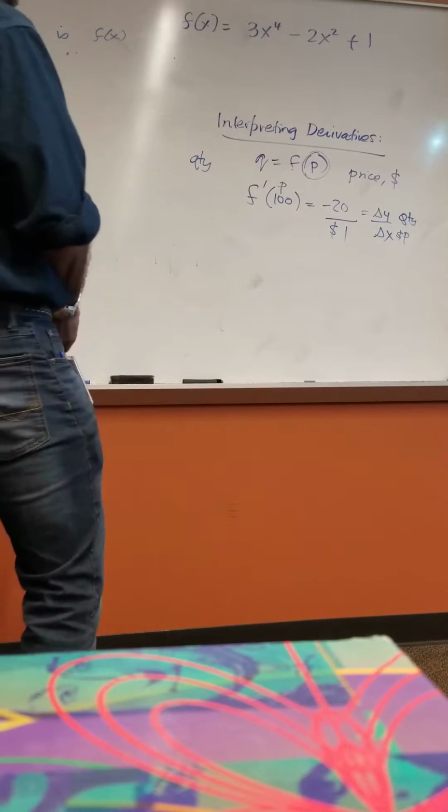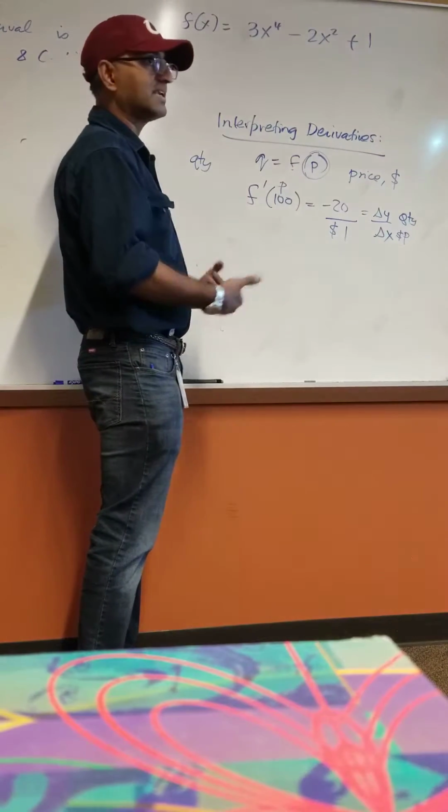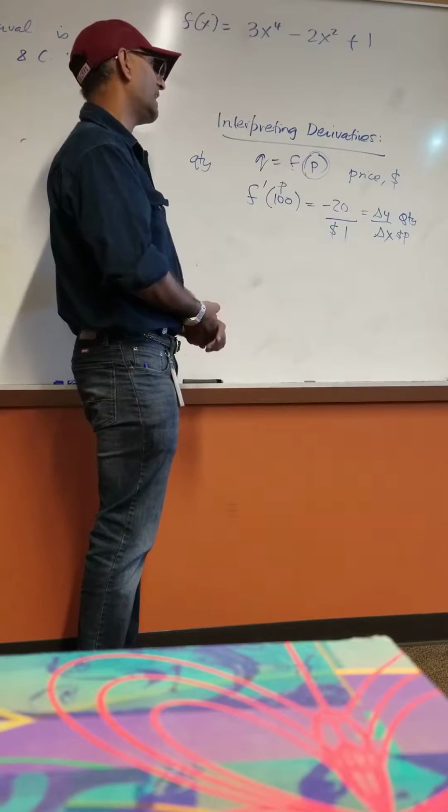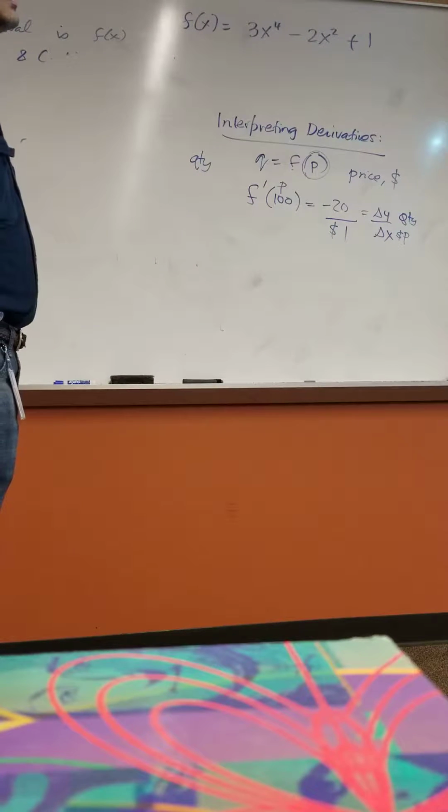The quantity sold is falling at the rate, remember a slope is a rate, of 20 units per $1.